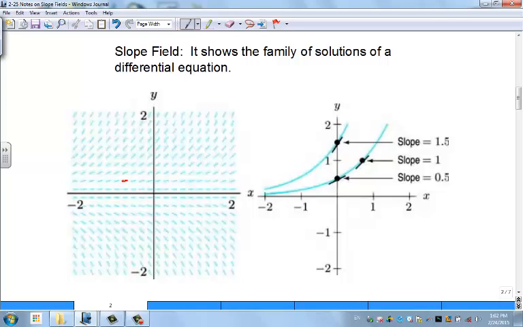So for example, this one's not very steep, but if you follow it, it takes you over to here and it gets steeper. And if you follow that, it takes you to here and it gets steeper. And it's not very precise, so if you're into precision, you're probably not going to like this. And then if you follow it back this way, it looks like that. Alright, so there's one solution to this slope field.